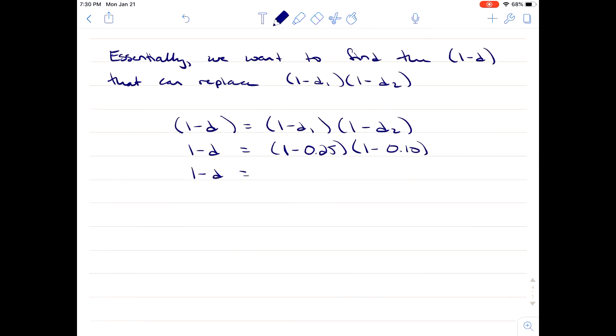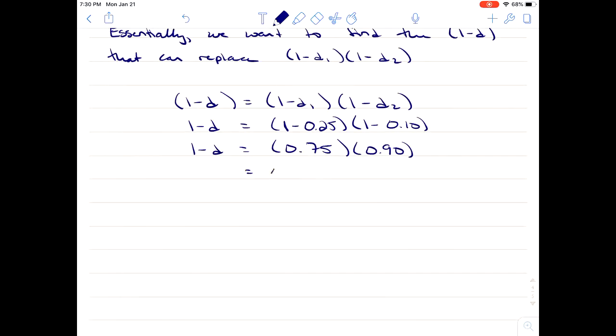So 1 minus d must be 0.75 times 0.9. And 0.75 times 0.9 is 0.675. 1 minus d.